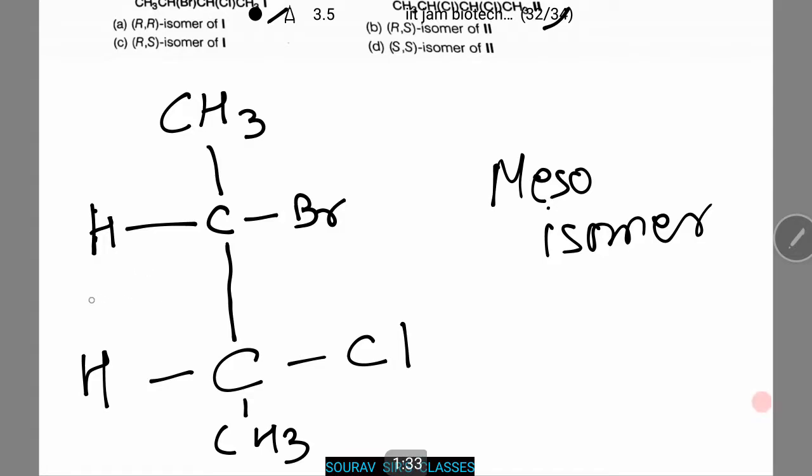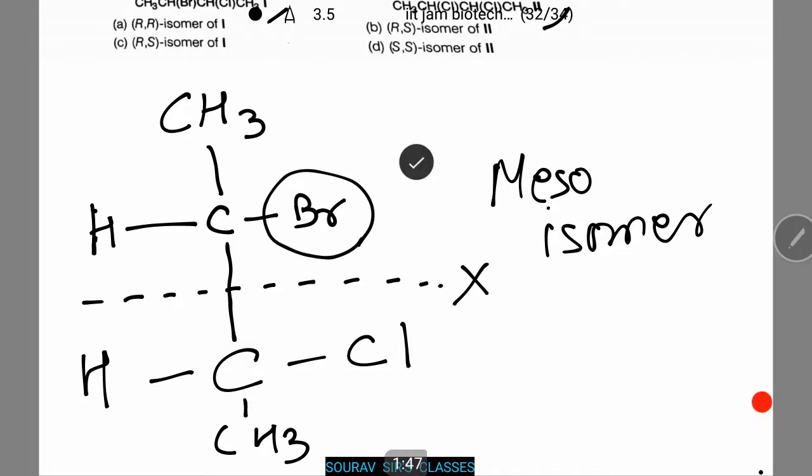The plane of symmetry can be found out by, this will not be the plane of symmetry. The reason being, there exists bromine here and over here it exists chlorine. Thus, due to absence of a plane of symmetry, this is not a meso form.